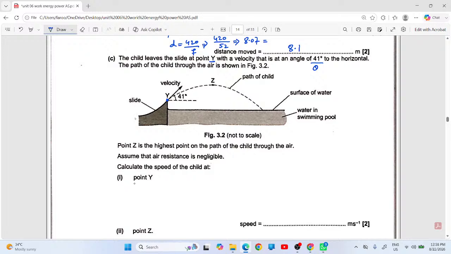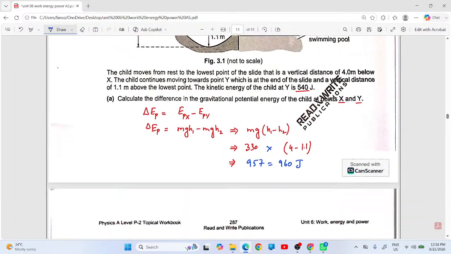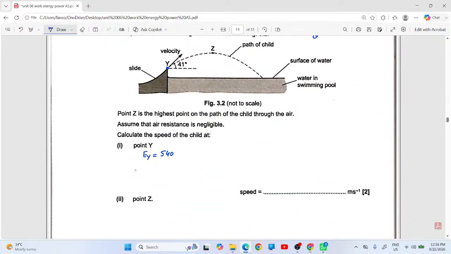Speed of the child at point Y: we know the kinetic energy at point Y is 540 joules, given in the previous part. Kinetic energy is half mv squared, which equals 540 joules.